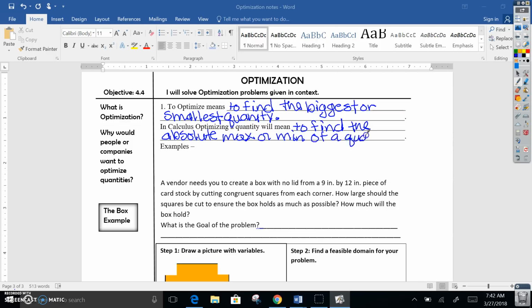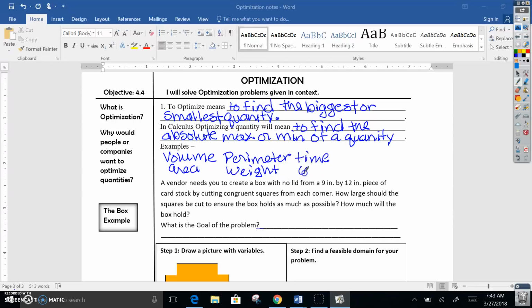Now, the quantities we'll be optimizing, which means to find the max or min, will be things like volume. It will be area, perhaps. It might be perimeter. It might be weight. It might be time. It might be cost.